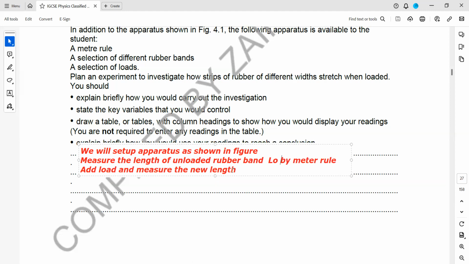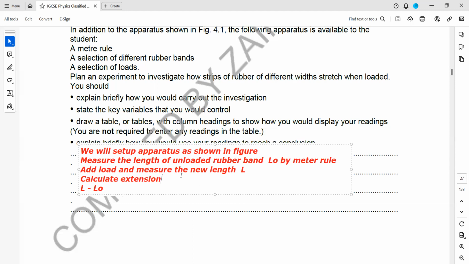Then we will add a load and measure the new length. The new length we call L. Then calculate the extension. How do we calculate the extension? Extension is the loaded minus the unloaded. That will give us the extension.